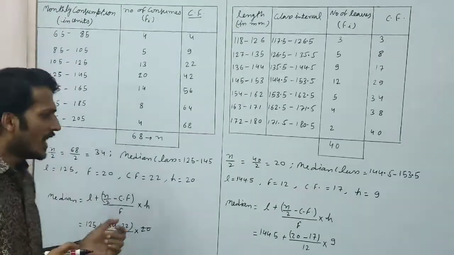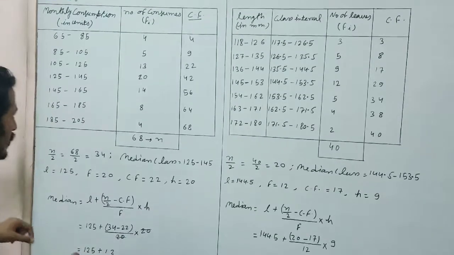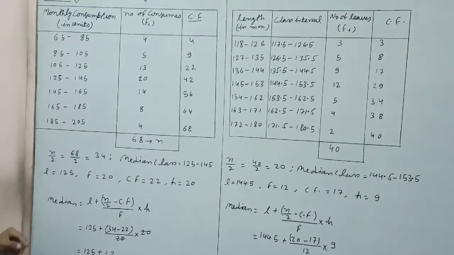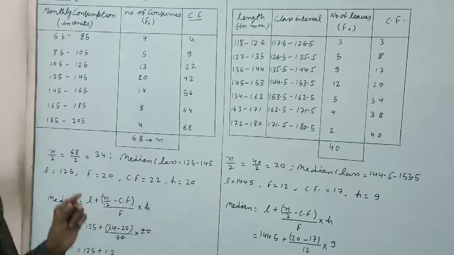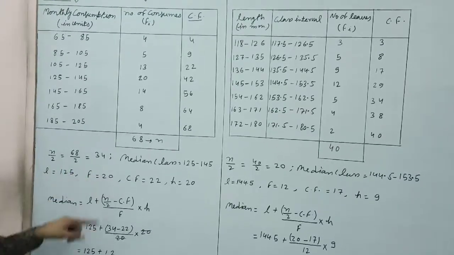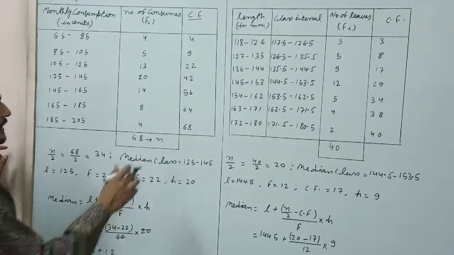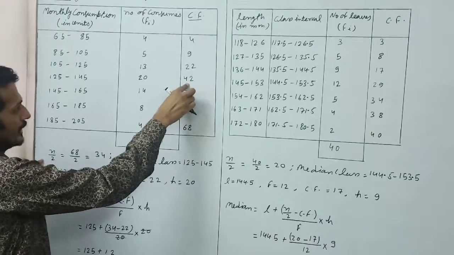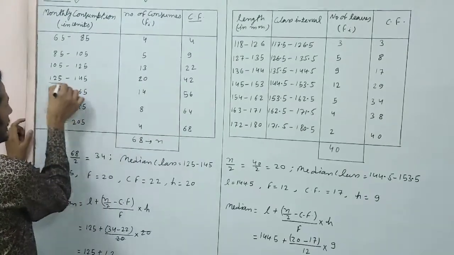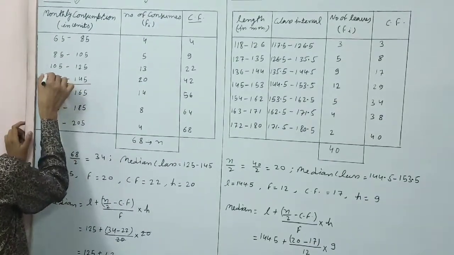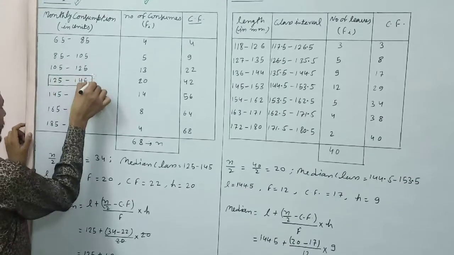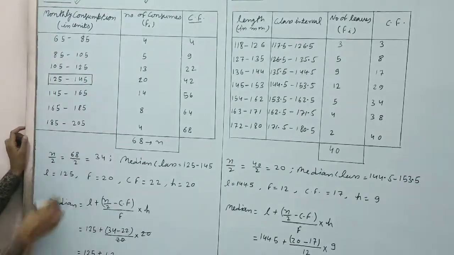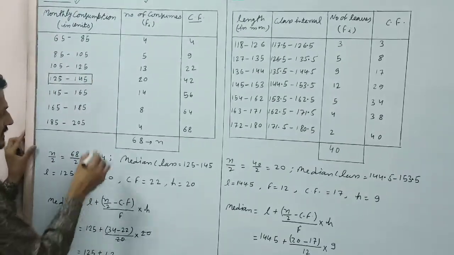Now how will we get the median class? First of all, we observe the value in the column of CF which is just greater than N upon 2. The value in the column of CF just greater than N upon 2 is 42. The class interval against this value is the median class.